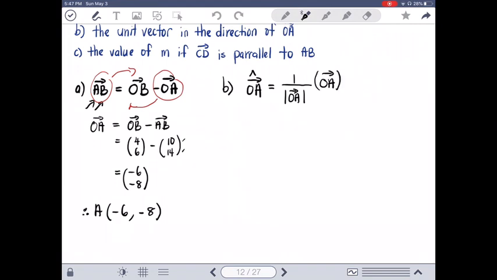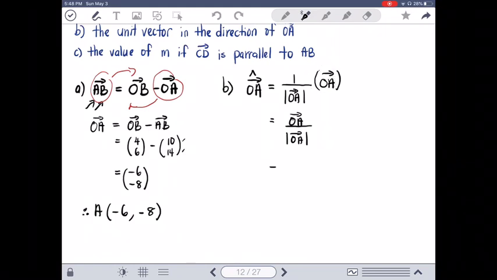In other words, you can also rewrite that as vector OA divided by its own magnitude. Because if I bring that top here, it's just vector OA. It's the same thing, same formula.